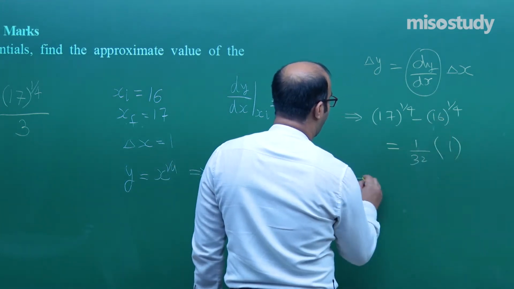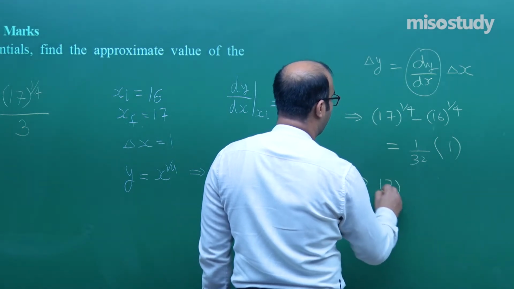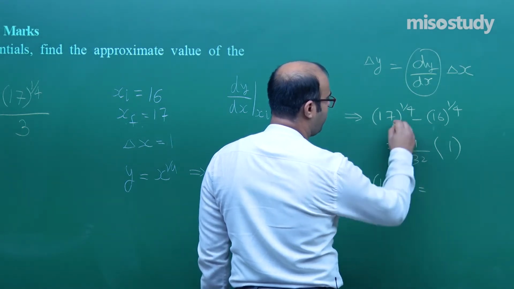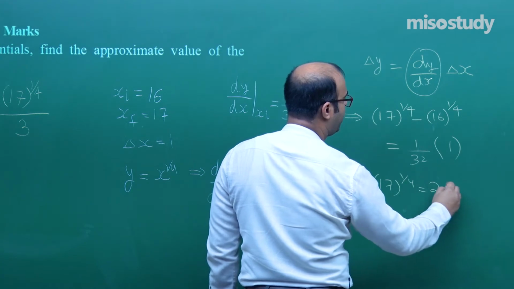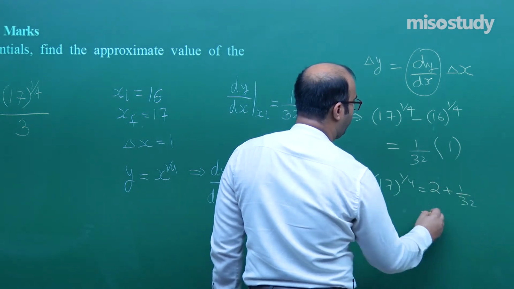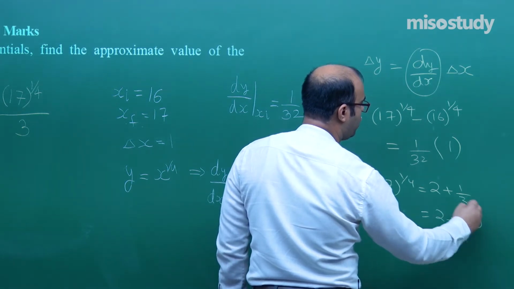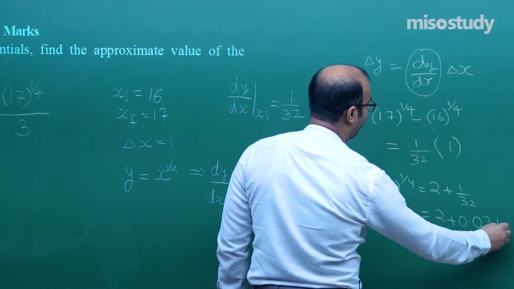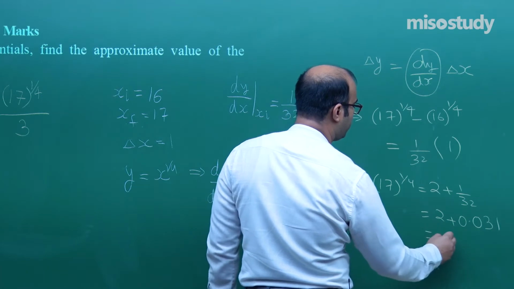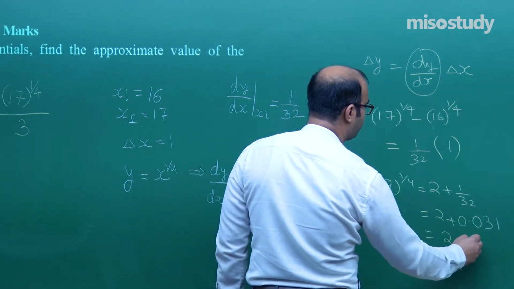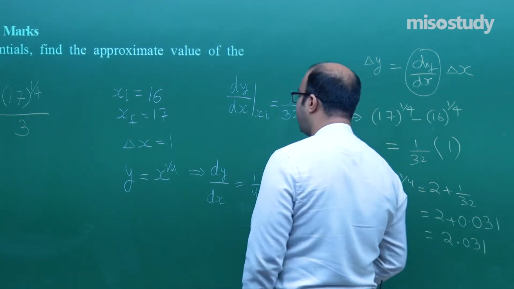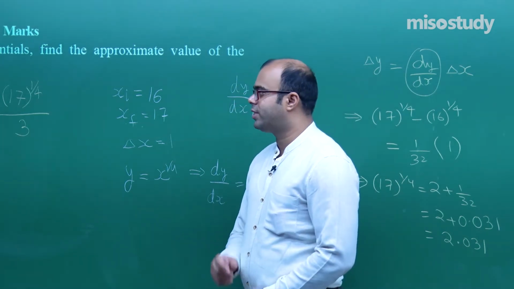And 16 to the power 1 by 4 is 2. So, 17 to the power 1 by 4 is equal to 2 plus 1 by 32. Dividing 1 by 32 gives 0.031. So, we will approximately say 2.031 is the approximate value of the fourth root of 17.